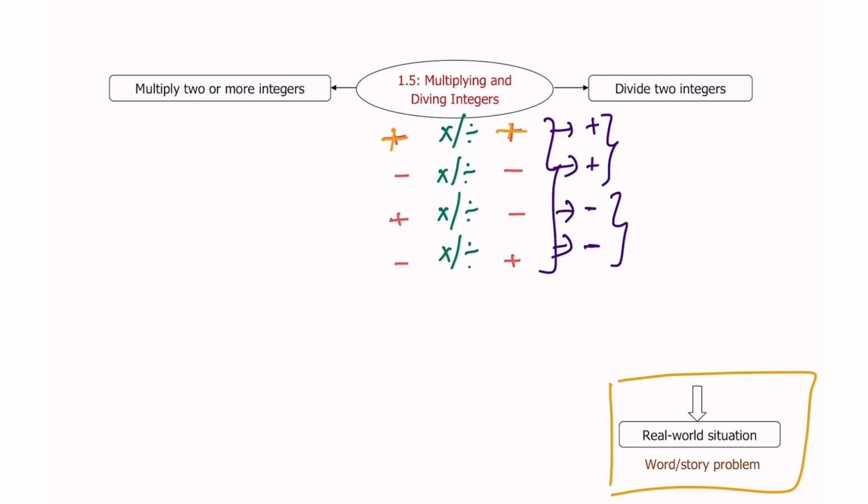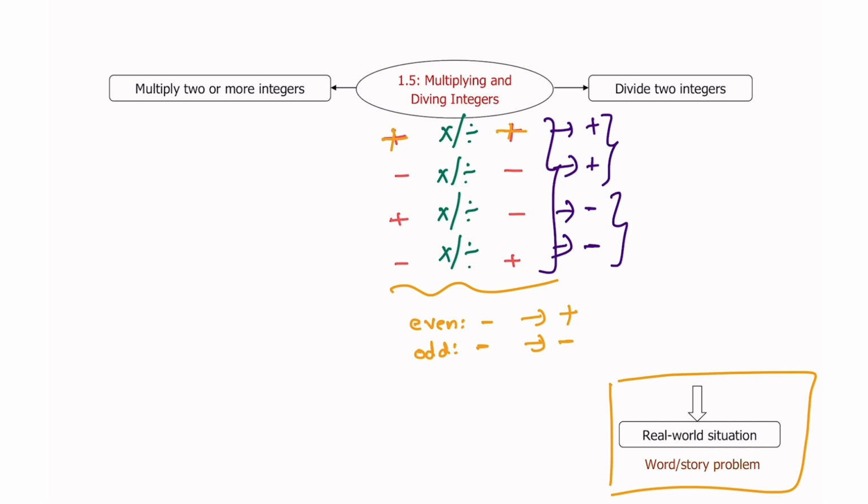And the next is plus times minus, or minus times plus, or divide, the answer is going to be negative. An important derivation from this is about the negative sign. If you have an even number of negative signs, your answer is going to be positive. If you have an odd number of negative signs, your answer is going to be negative.